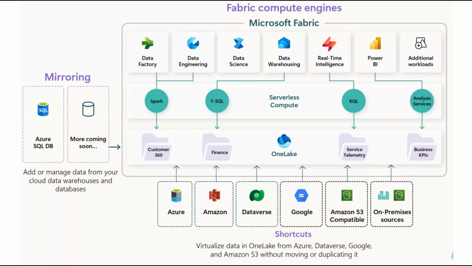Microsoft Fabric is essentially an all-in-one analytics platform from Microsoft. It provides a single, integrated environment where data professionals and business users can collaborate on data projects. In other words, instead of using separate services for data integration, data storage, machine learning, and BI, Fabric brings them all together under one roof.